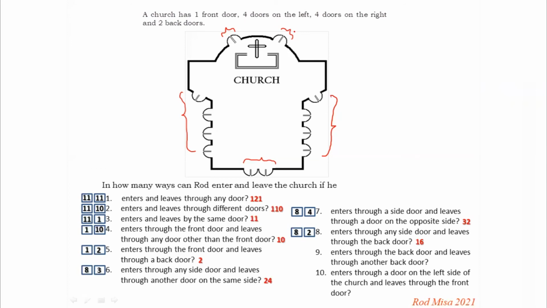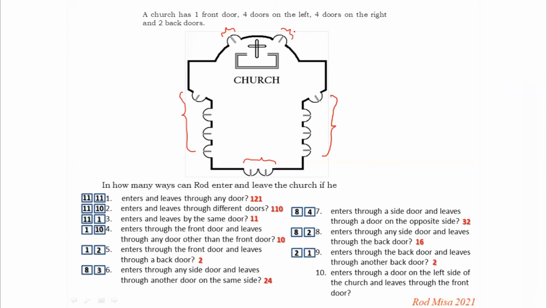What if he enters through a back door and leaves through another back door? So for his entrance, he can choose any of the 2 back doors. But leaving the church, he is left with only 1 door because he cannot use that back door that is being used for his entrance door. So you have now 2 ways of doing that.